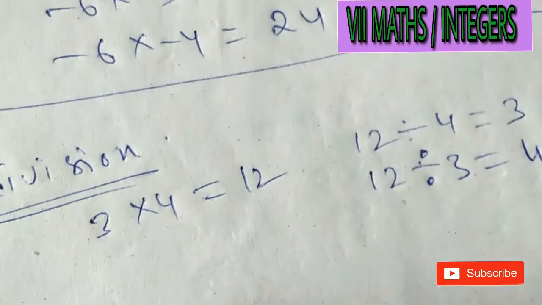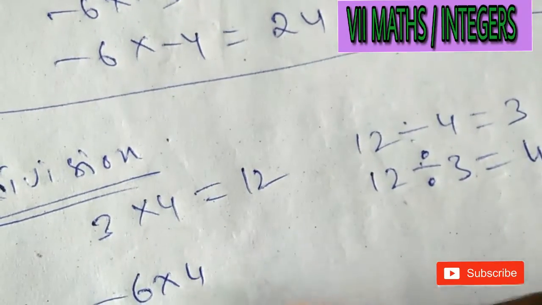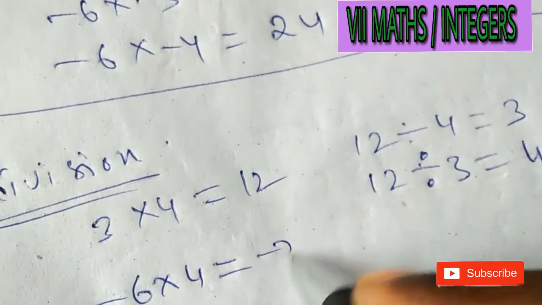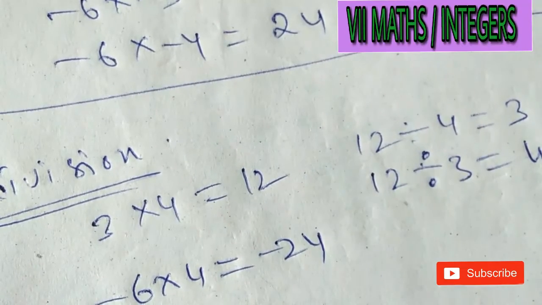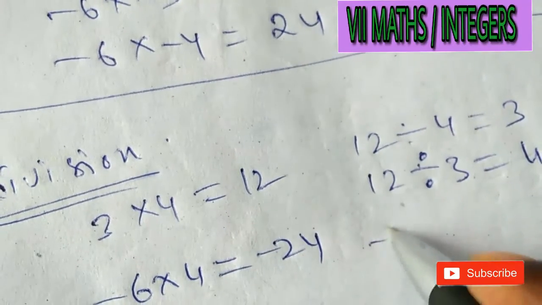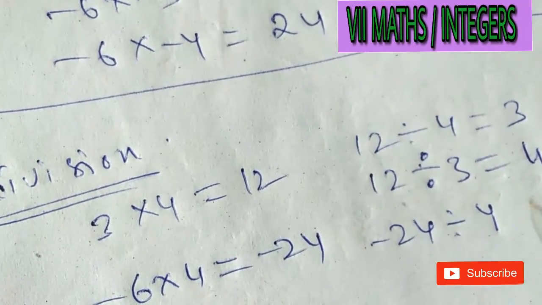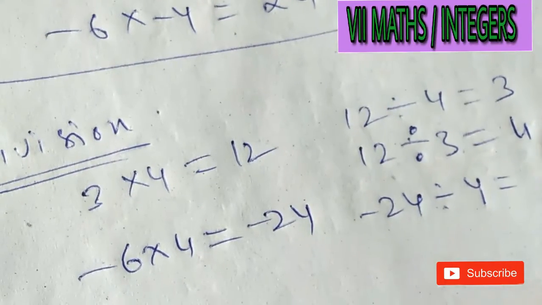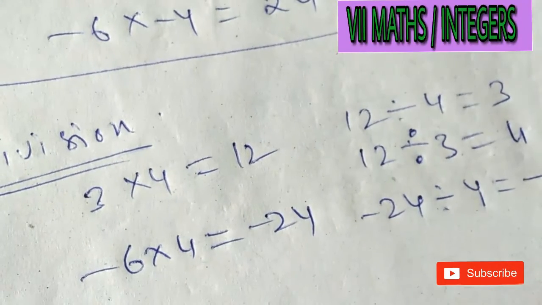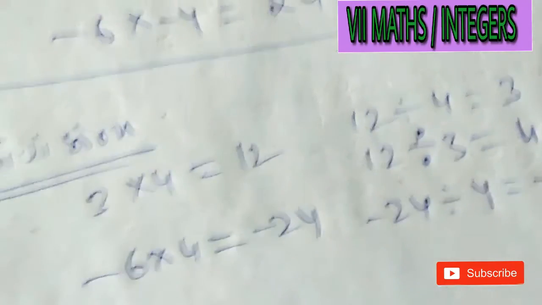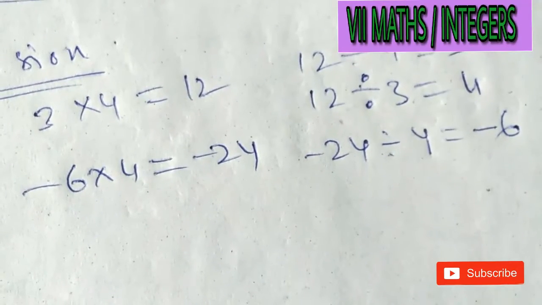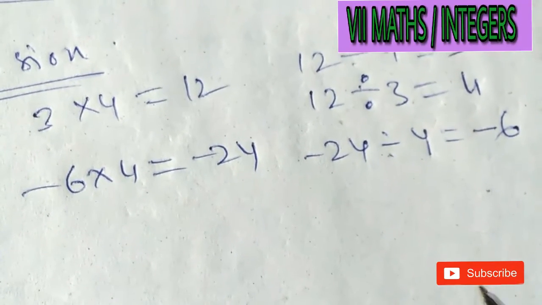Understood? In the same way, minus 6 into 4 is minus 24. In the same manner, minus 24 divided by 4, what do you get? Yes, you get minus 6.